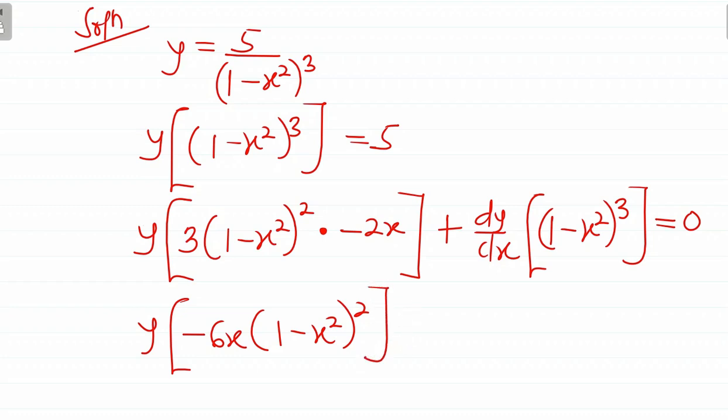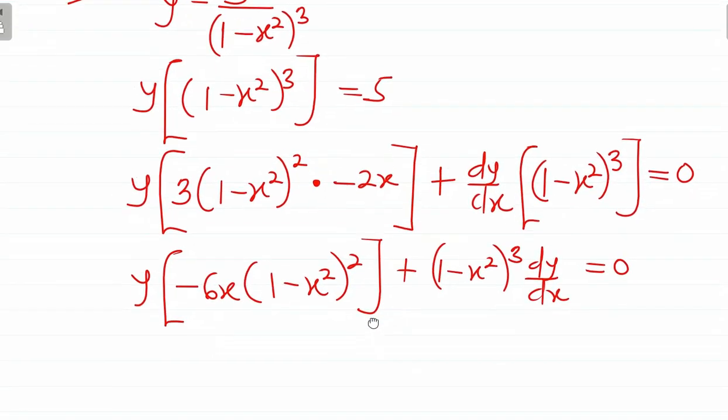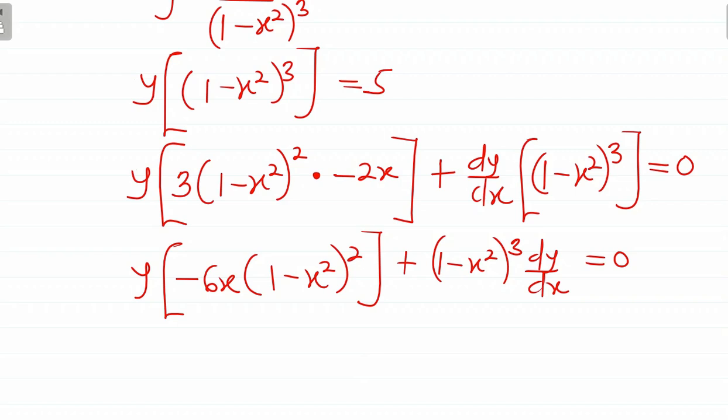We close our brackets, and then we have (1 minus x squared) all exponent 3 dy/dx, which is equal to 0. Now that we have been able to simplify it, we have to manipulate this solution or this answer in a way that it will represent what the question demanded.